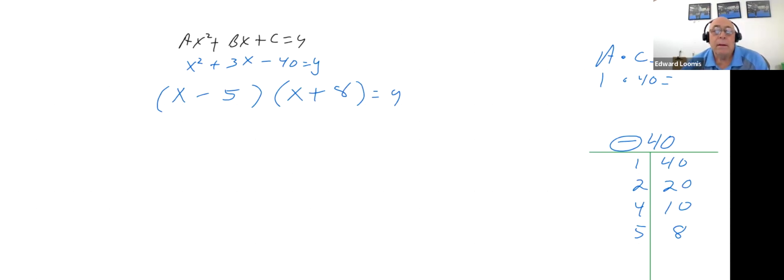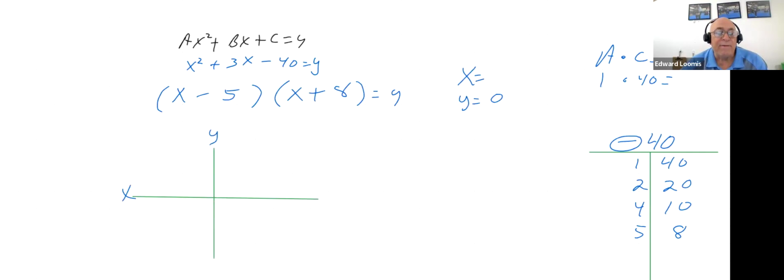Now, I've initially broken it out. Now, all I want to know is what is the X value when my Y equals 0. And remember that this is basically a graph. My X line, my Y line.